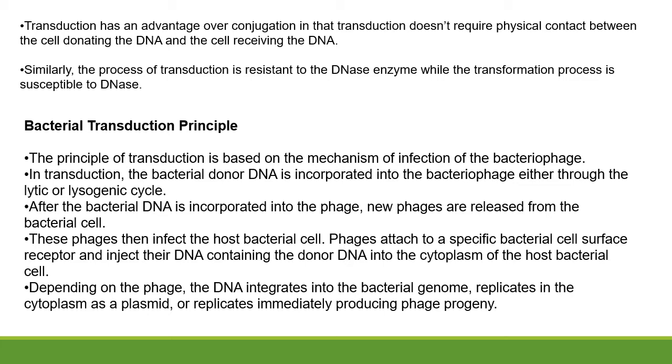Depending on the phage, the DNA integrates into the bacterial genome, replicates in the cytoplasm as a plasmid, or replicates immediately, producing phage progeny. So it can integrate the DNA into the bacterial genome, or if it is a plasmid, it can replicate in the cytoplasm, or it can start replicating immediately to produce phage progeny.